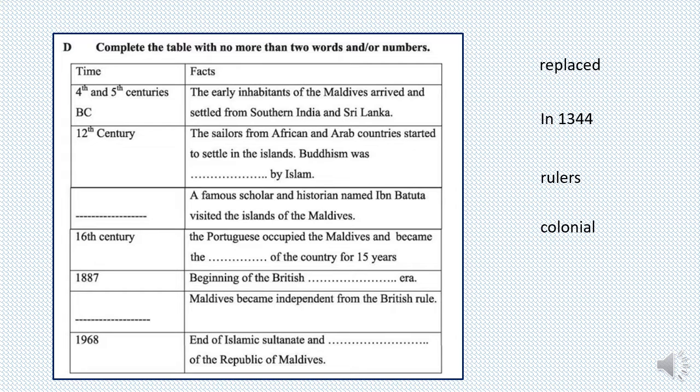Then Maldives became independent from the British rule. And what's the time? It is 1965. And 1968, end of Islamic Sultanate and dash of the Republic of Maldives. And what should be in the gap? Beginning. So, end of Islamic Sultanate and beginning of the Republic of Maldives.